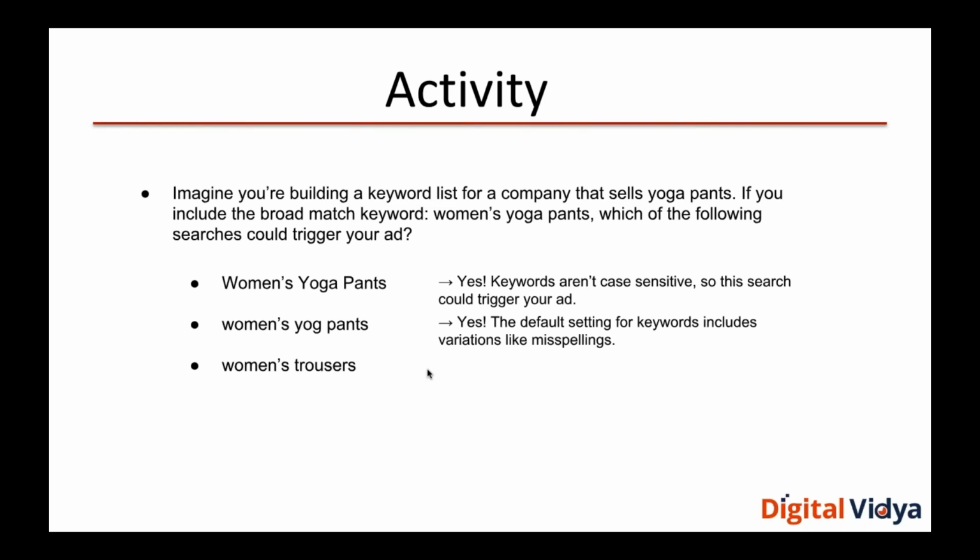That's right, Sharmishta. Second, misspellings. Yoga, the A is missing, but still misspellings are not considered. They are discounted in a broad match keyword type. And trousers will be treated as a related term. Is that clear?